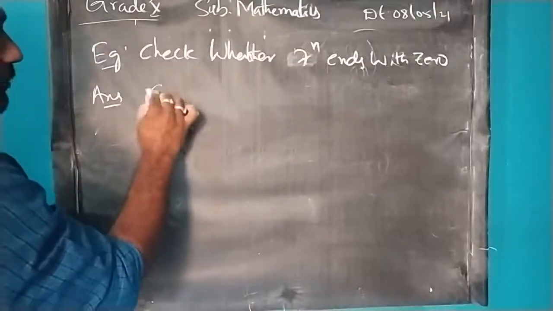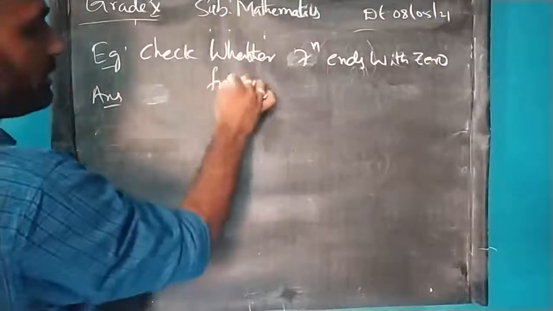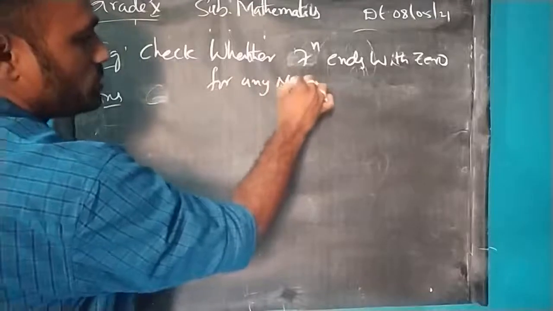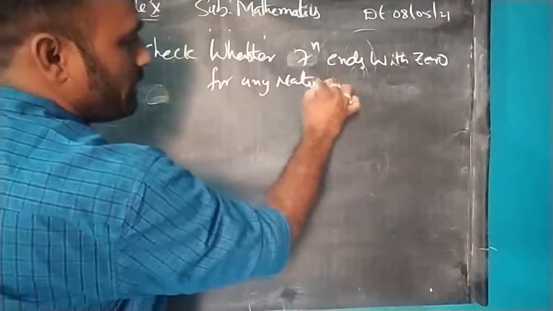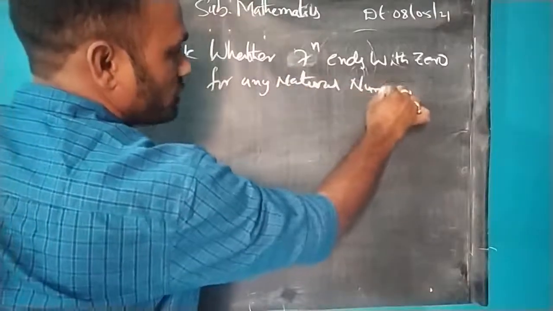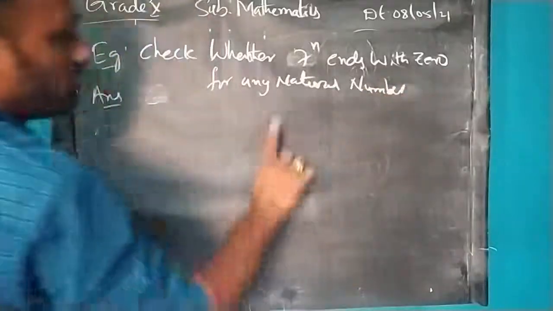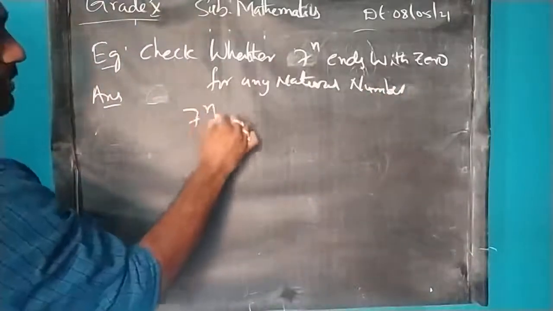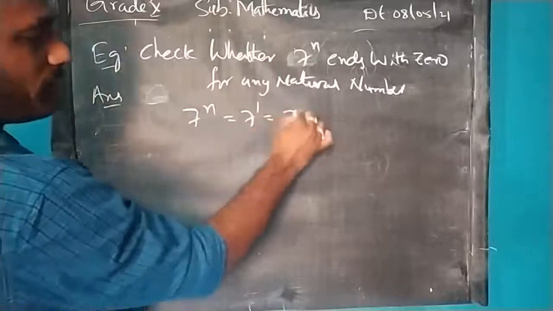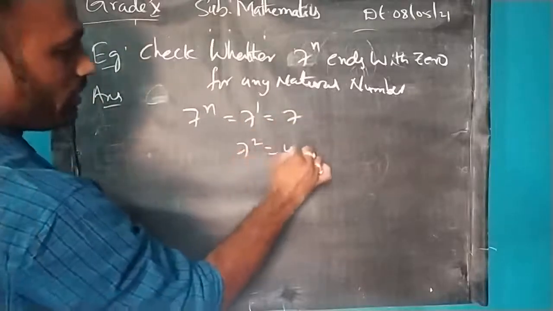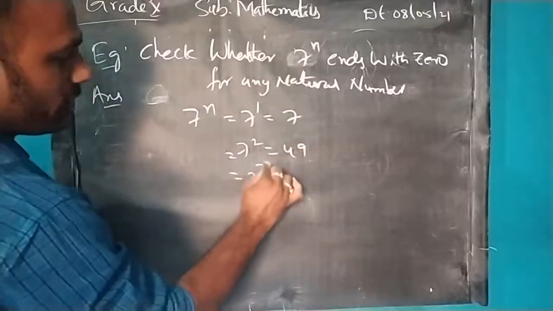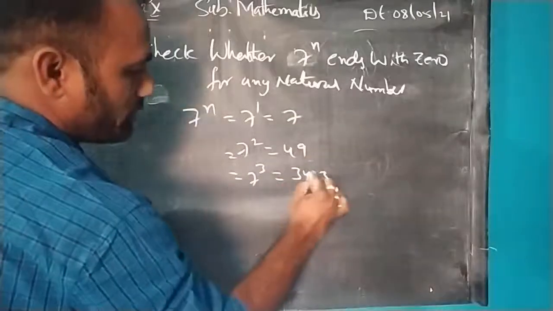So given for any natural number. It's not talking about whole numbers or any other numbers, only the natural numbers, which start from 1. So 7 power n is 7 power 1, 7, 7 square, 49, 7 cube, 343.